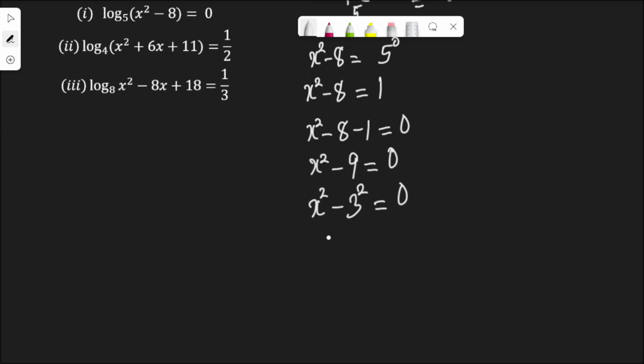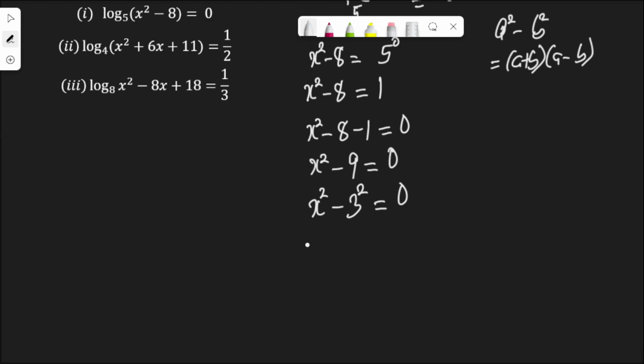Applying the difference of two squares, a squared minus b squared is a plus b bracket a minus b. What does that mean? If we expand this bracket, we arrive at this. That is what we mean by difference of two squares.